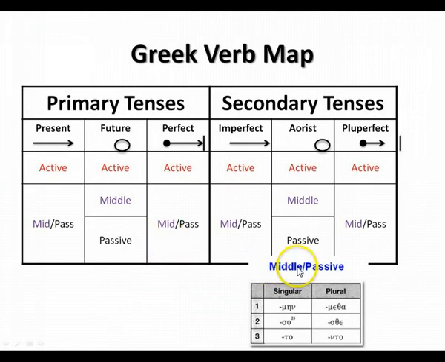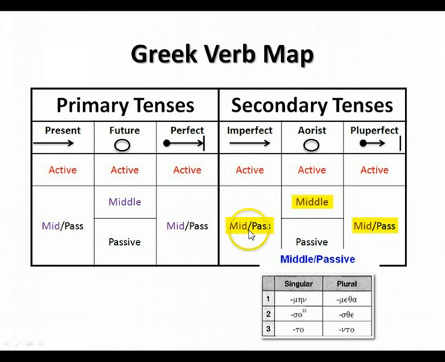So the middle passive forms men, so, to, metha, estha, nto apply to the middle passive imperfects, the aorist middle, and the pluperfect middle passive. As the textbook indicates, we won't be doing anything with the pluperfect in this course because it occurs so infrequently.